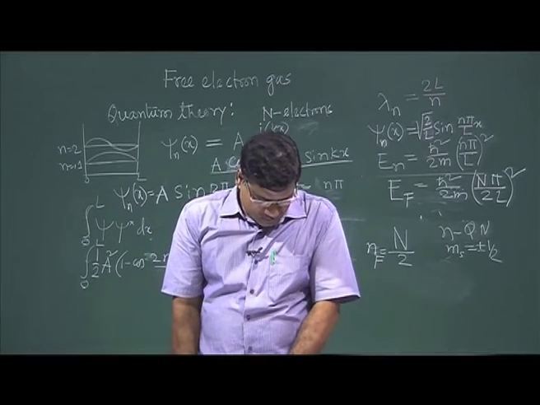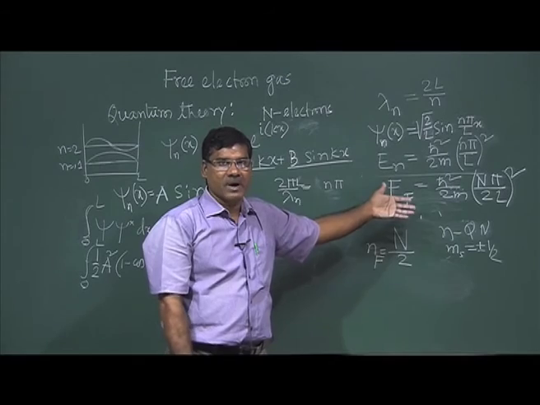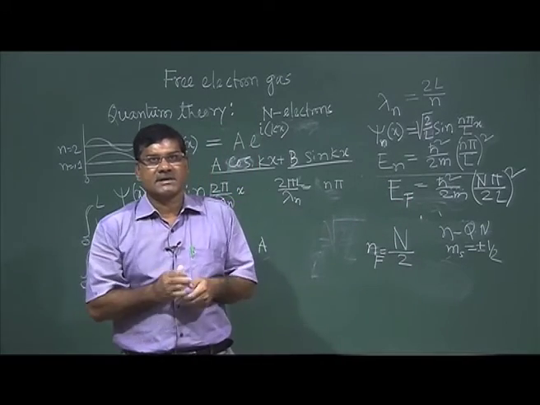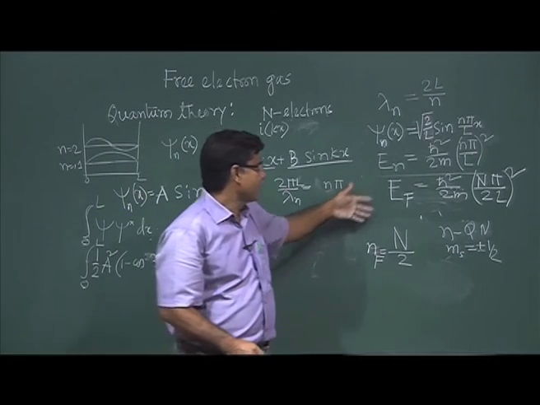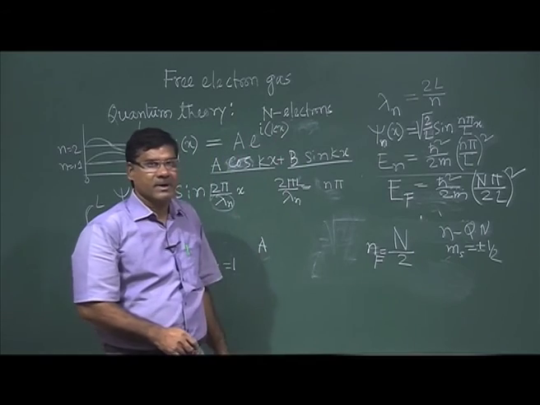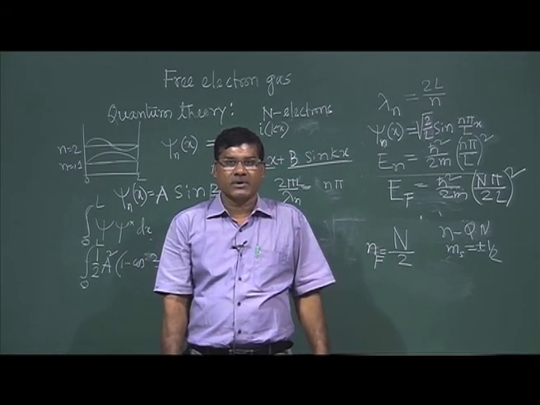So, these are very important terms, Fermi level and Fermi energy for a solid system. So, easily we could find them out from this simple treatment. I will stop here, I will continue in the next class. Thank you for your attention.